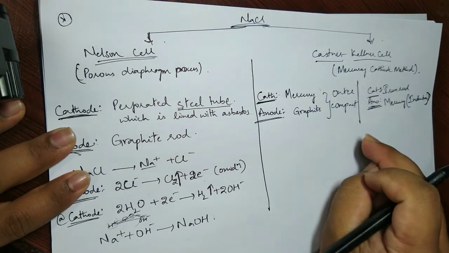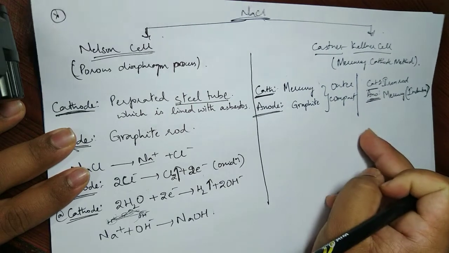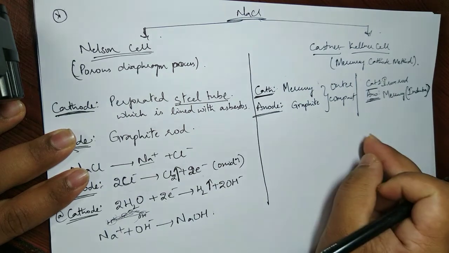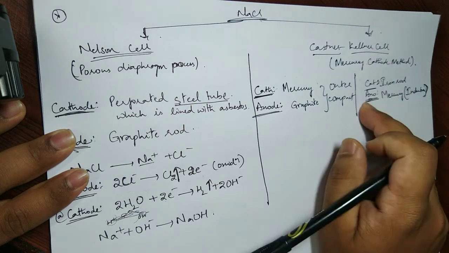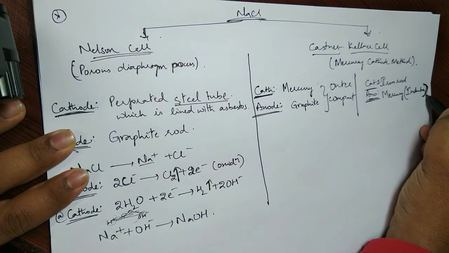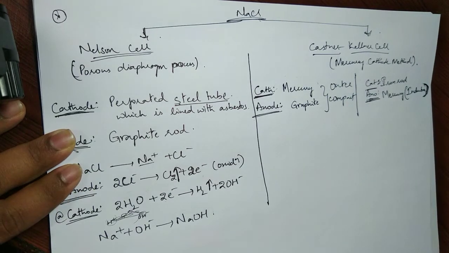Metals have a tendency to behave like, for example, a magnet can make iron a magnet. How? By the induction process. In the same way, because of the flow of current, mercury behaves as anode by induction.